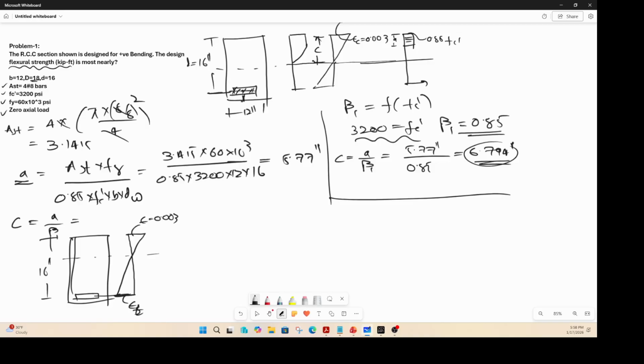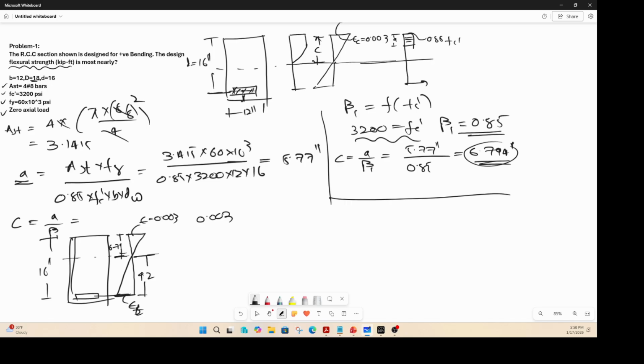Okay, so the strain in steel is pretty straightforward. What you do is use similar triangles: 0.003, and that distance here is 6.79, correct? You use that one, and d minus 6.79 is 9.2 something.